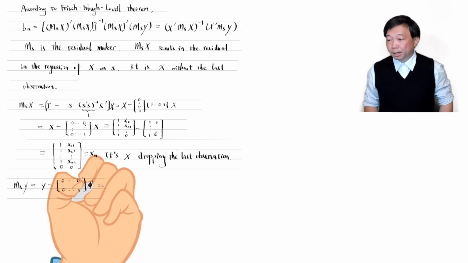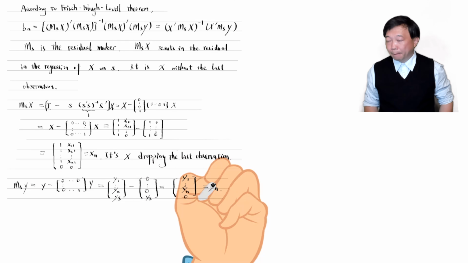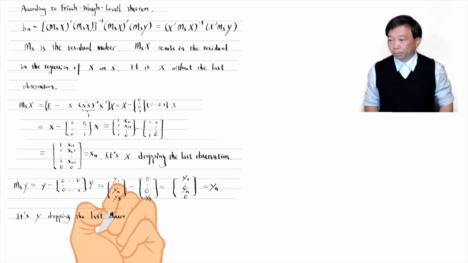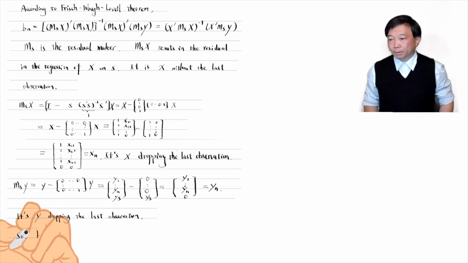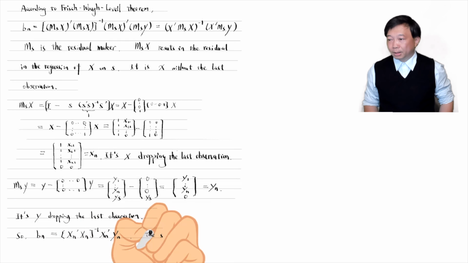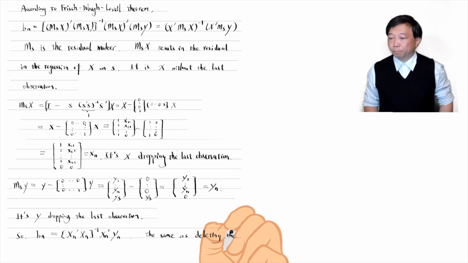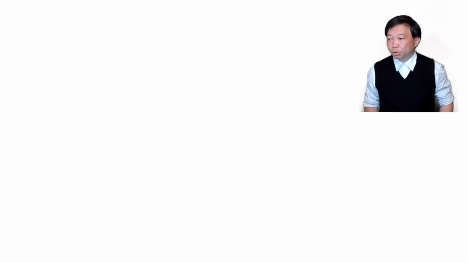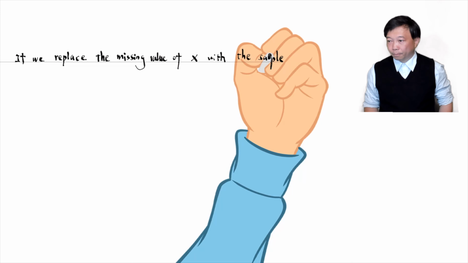Similarly, y pre-multiplied by Ms leads to y dropping the last observation. Therefore, the OLS estimator is the same as deleting the observation with missing values. Next, we show that it is also equivalent to replacing the missing value with the sample mean.